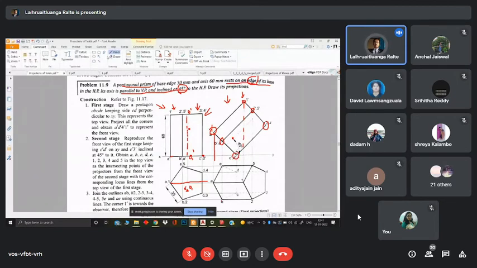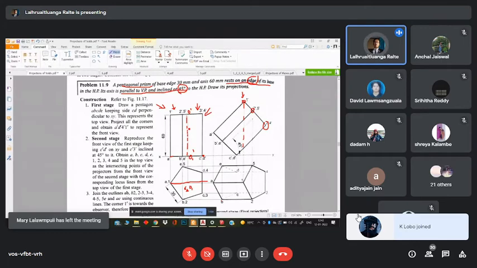Now remember, this may be a bit confusing from the previous one because this seems to be lower, especially B and E. B and E are lower, so why is it still visible? Because we are looking at the side, we are not looking at the profile. Okay, we are not looking at the profile, we are looking at the side.